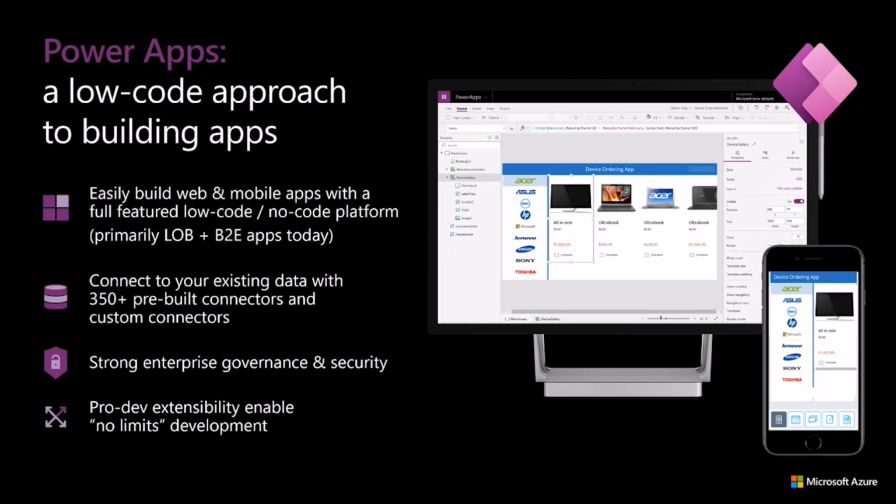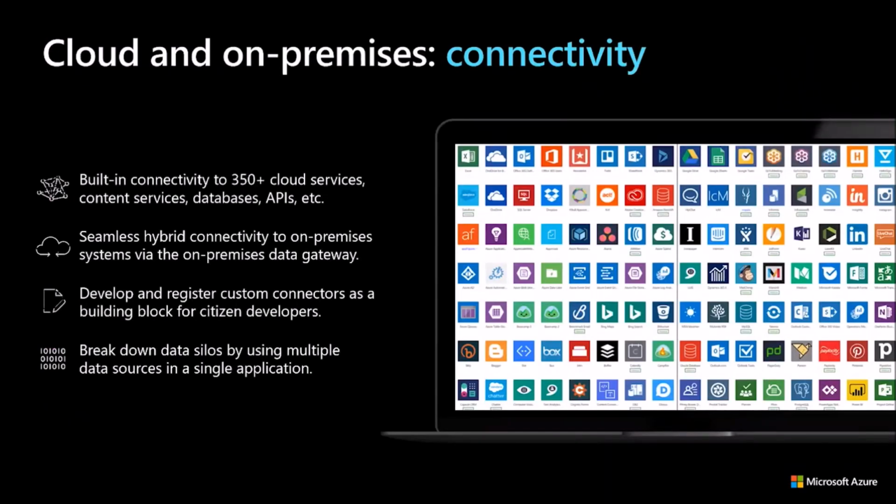And one of the best parts of Power Apps that we offer is our connections to all of your data. Right now, we have over 350 out-of-the-box connectors where you can connect your Power App or your Power Virtual Agents or your Power Automate to wherever your data is stored with simple clicks and authentication.